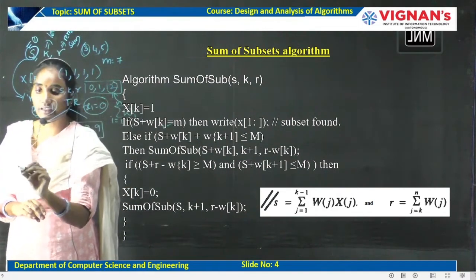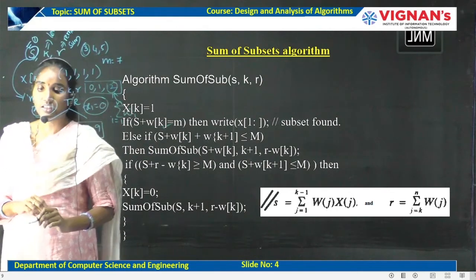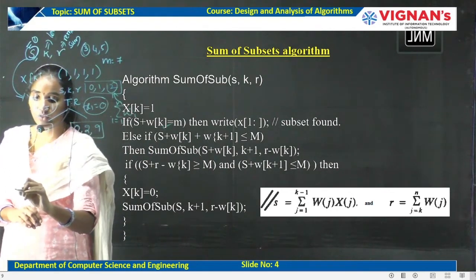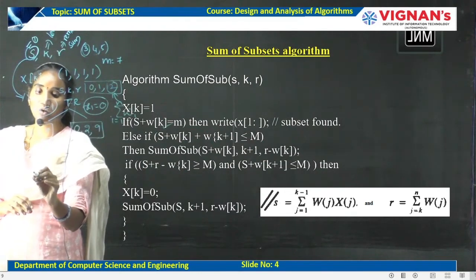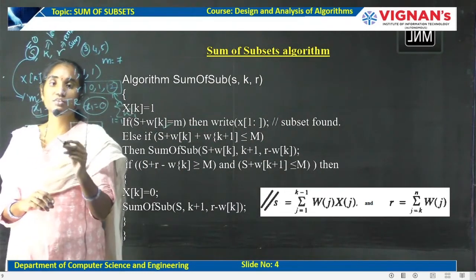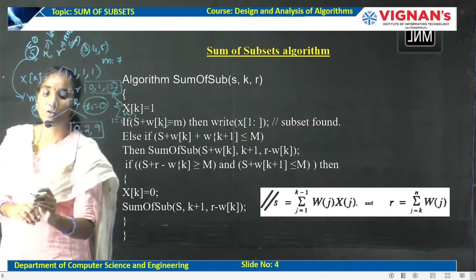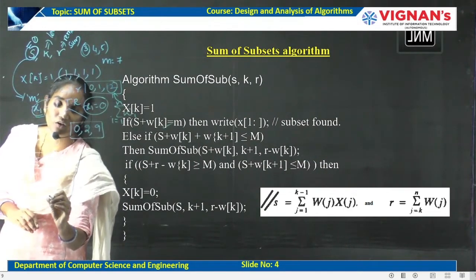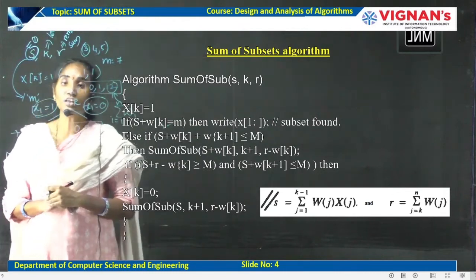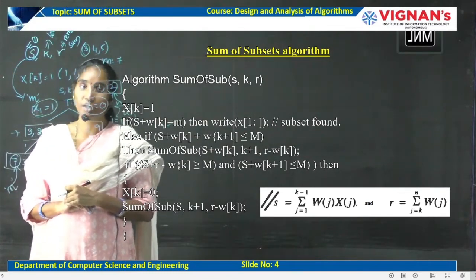So as I reached here, s is equivalent to the given m. So this will be one of the solutions. So what is the solution? 1 comma 1 comma 0. This will be one solution, right?